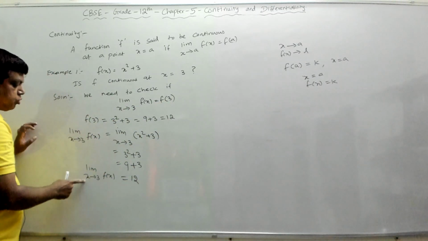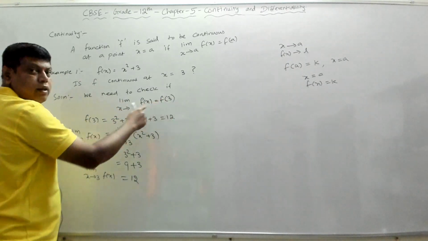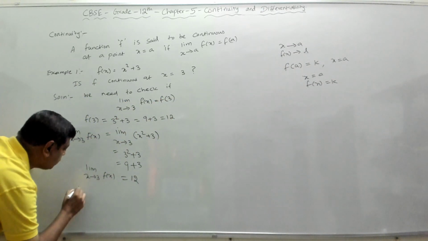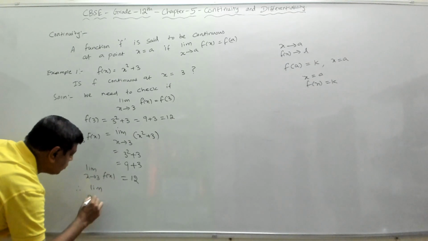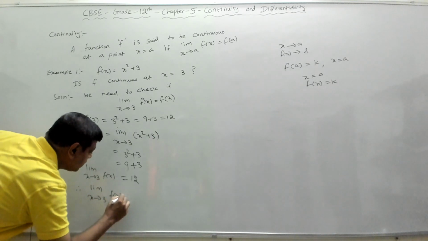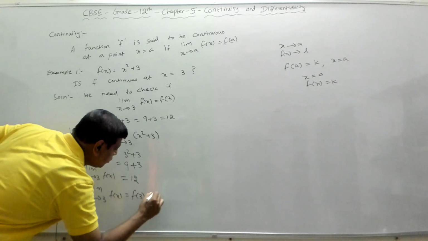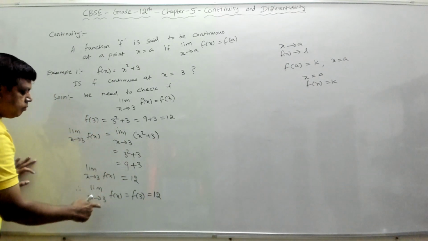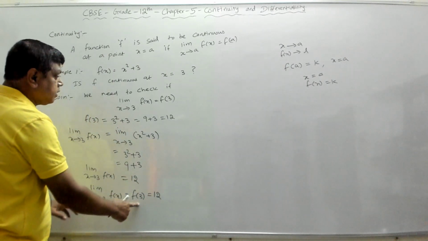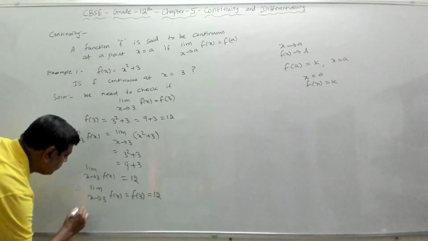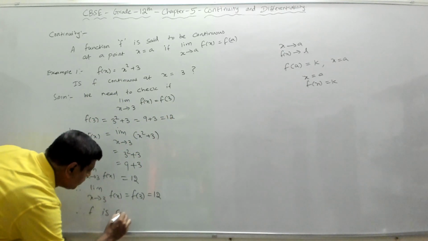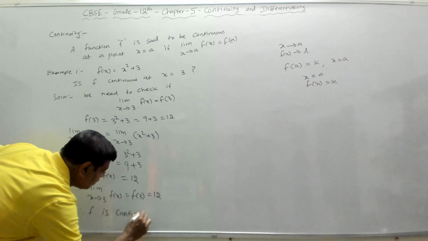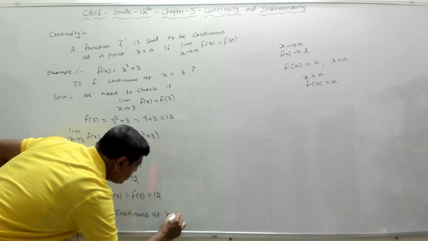Both of these are matching: this is 12, this is also 12. So therefore we can say the limit as x goes to 3 of f of x is equal to f of 3, and both are equal to 12. So we got this condition. Therefore we can say f is continuous at x is equal to 3.